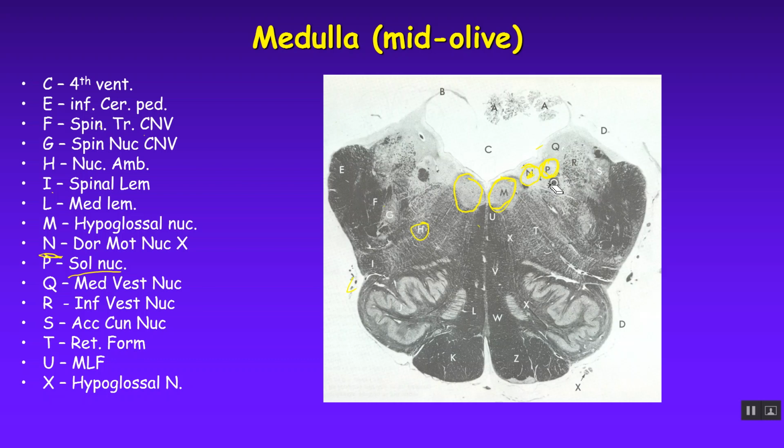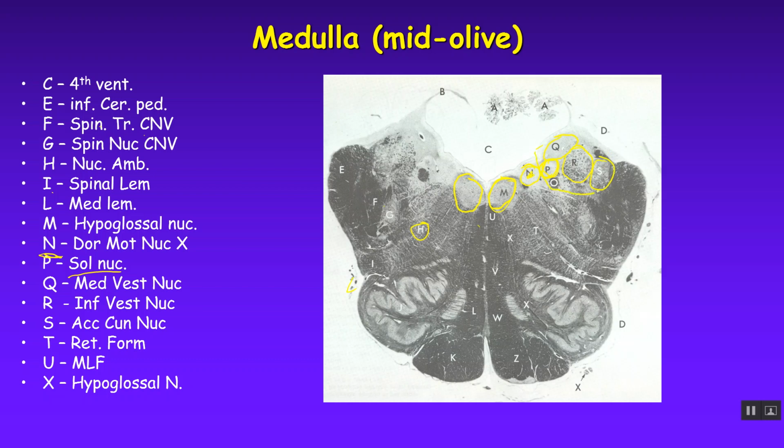Now moving a little more lateral, Q is the medial vestibular nucleus. R is the inferior vestibular nucleus. S is called the accessory cuneate nucleus.